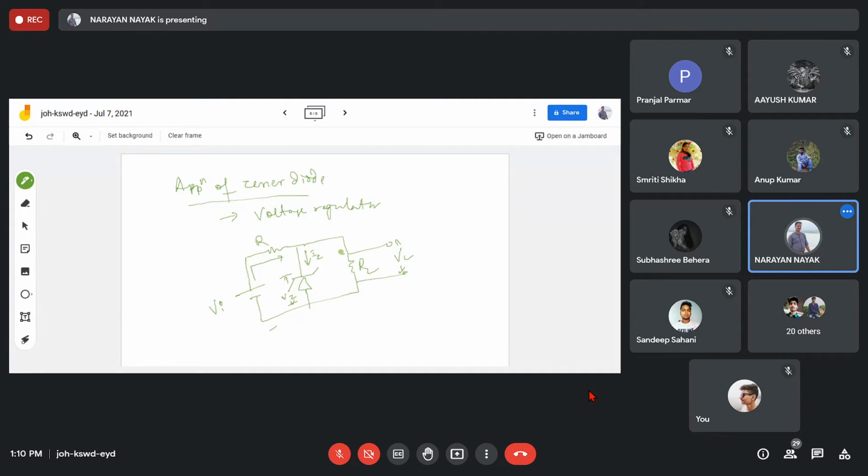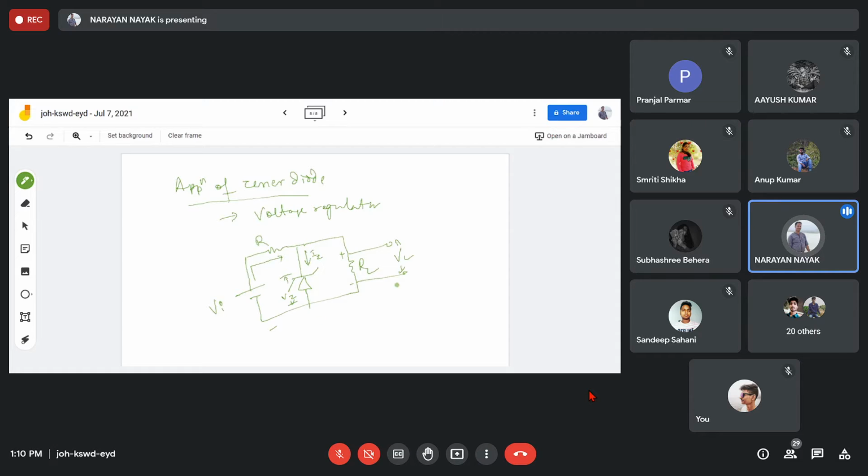This is your positive, this is your negative. So this is the basic circuit of the voltage regulator, the application of the Zener diode, how the Zener diode is used as a voltage regulator. So you have to draw this diagram.